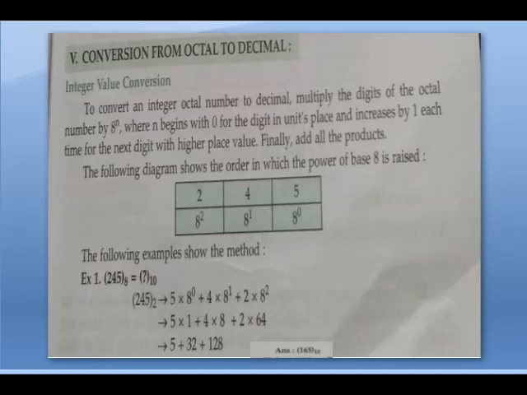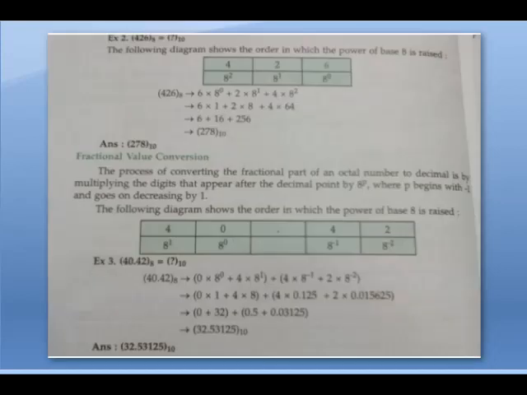Now students, another example, example number 2. The same way we convert, and now we are going to see the fractional value conversion. Same as the binary conversion, only the base will be different, all the other processes are the same. Here we are going to convert the number 40.42 to the base 8 to a decimal value.